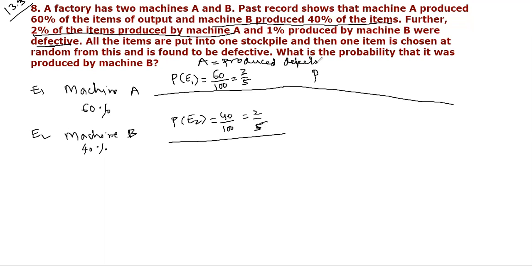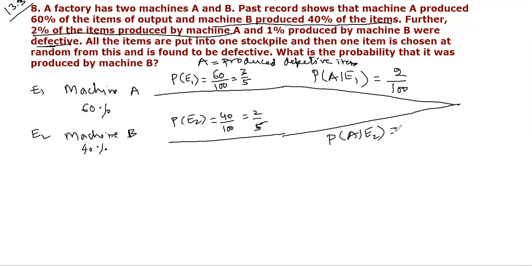Probability of machine A producing a defective item is given as 2%. Yes, so 2 upon 100. Similarly, probability of producing a defective item by machine B is 1%. That means 1 upon 100.